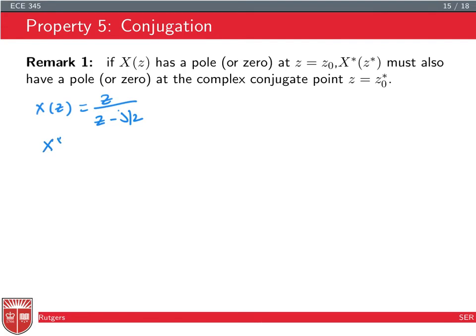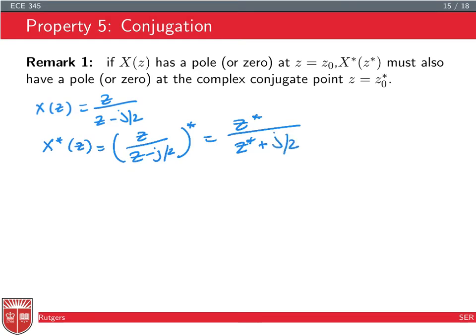Then X star of z, so I'm taking the conjugate of everything, is going to be z star divided by z star plus j by 2. And now if I do X star of z star, I flip back the z star to z, so z divided by z plus j by 2.